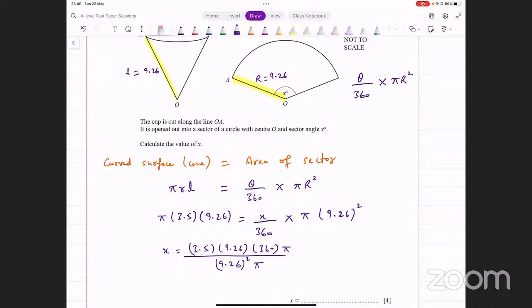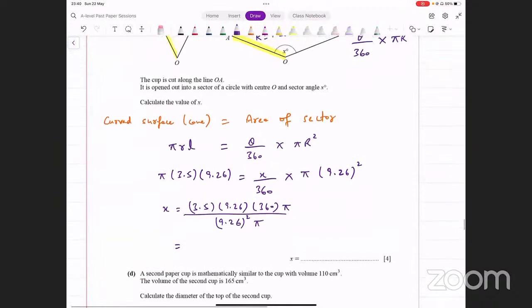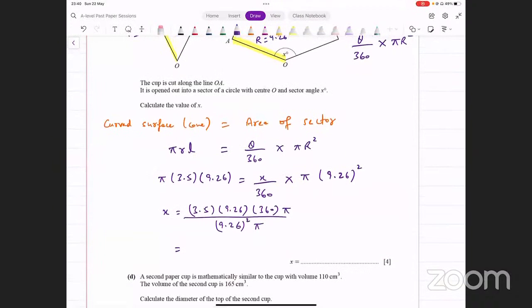They're going to get cancelled. यहाँ से आपके पास x की value आ जाएगी. ये calculator से evaluate कर लें and see what you get. 3.5 into 360 divided by 9.26. So I'm getting 136.07. You can write it as 136.1 degrees.